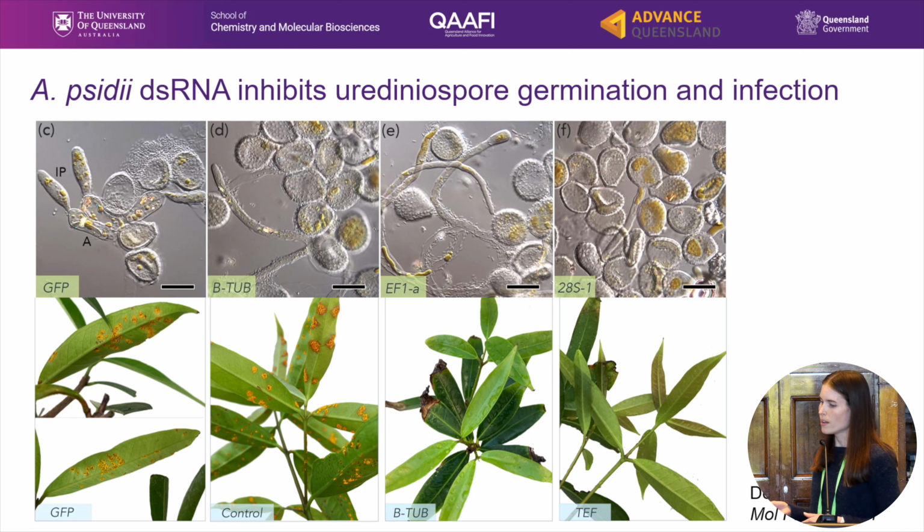We found that the urediniospores could take up double-stranded RNA from the environment, and when we targeted specific essential fungal genes, we were able to reduce the germination of the urediniospores. When they did germinate, they didn't form the typical infection structures. They started forming what looked like infection structures, but it didn't go further. And this translated onto plants as disease protection.